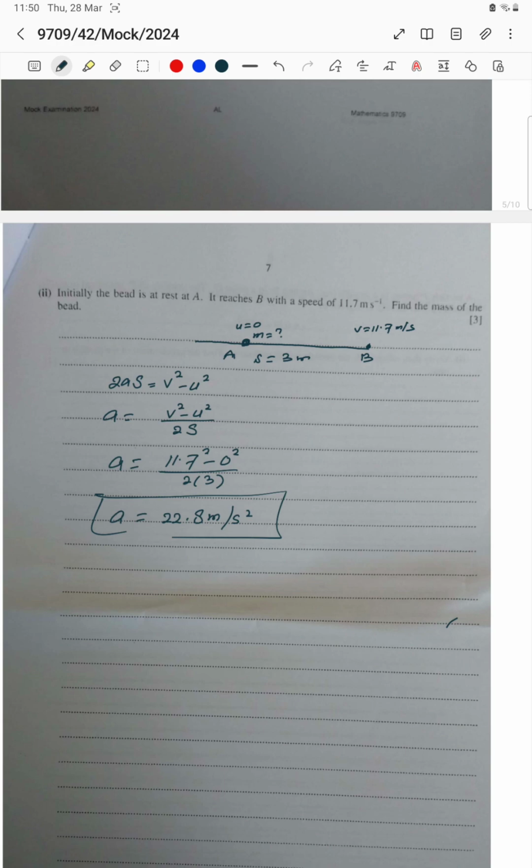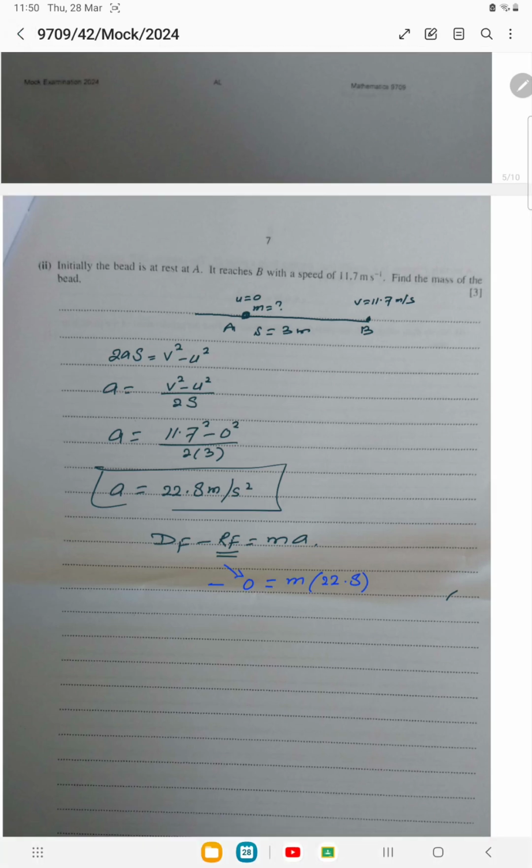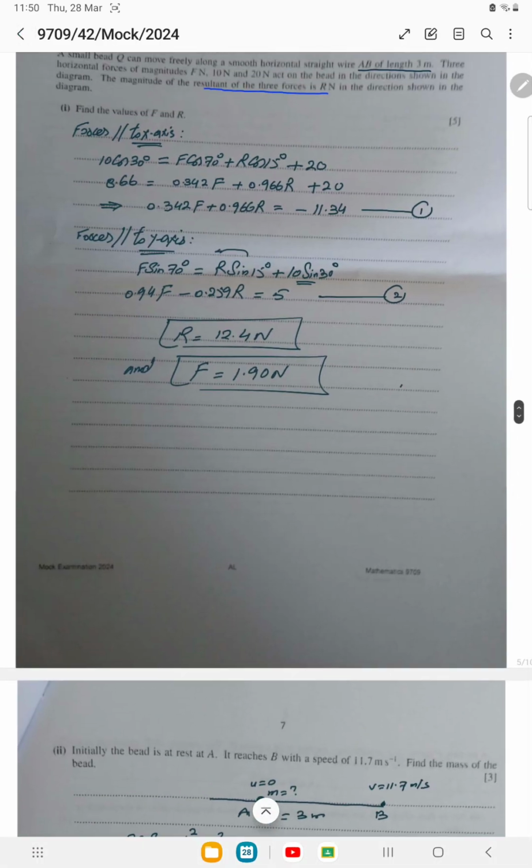Now, as we have to find the mass of the bead and it is driving, we can say the driven force minus resistive force should equal ma. And it is clear in the question that the wire was smooth, so for the smooth wire the resistive force will be 0. m we have to find, a we have already calculated, and the driven force, as you can see here, what will be the driven force?